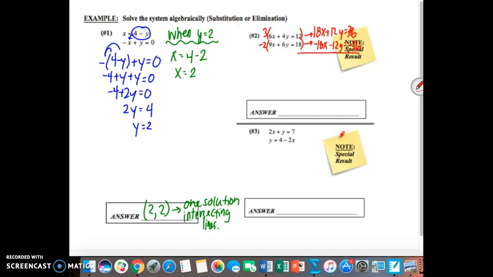When adding these two, we're left with 0x plus 0y equals 0.